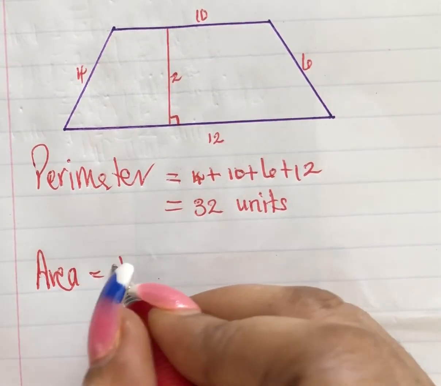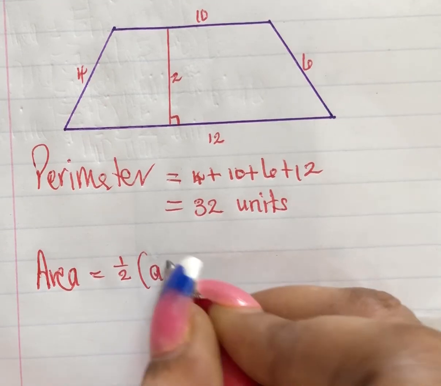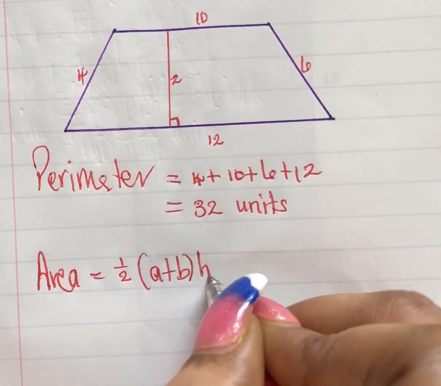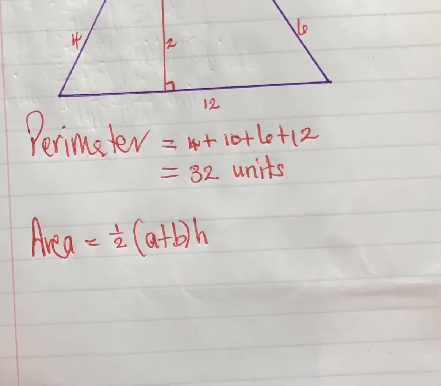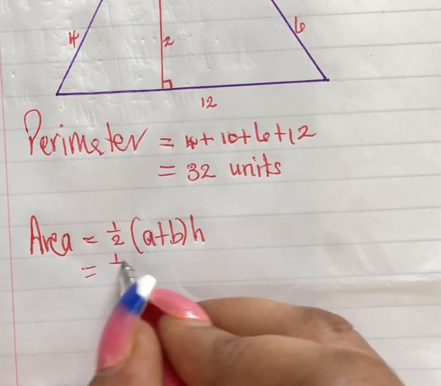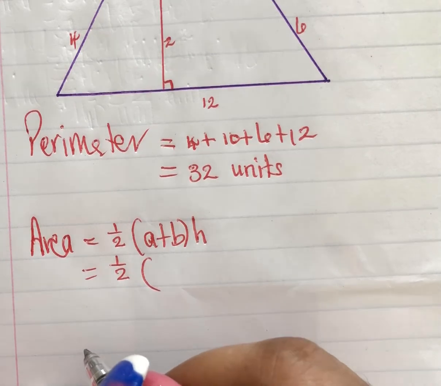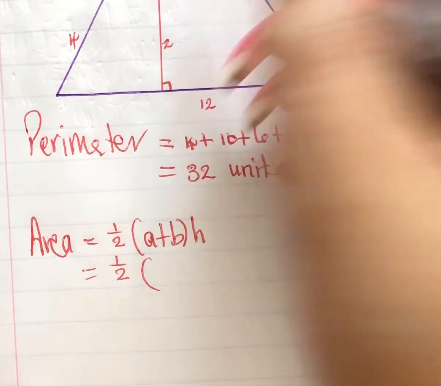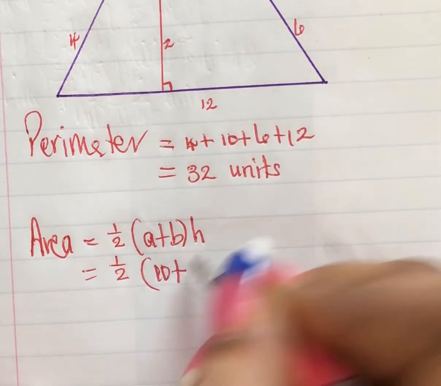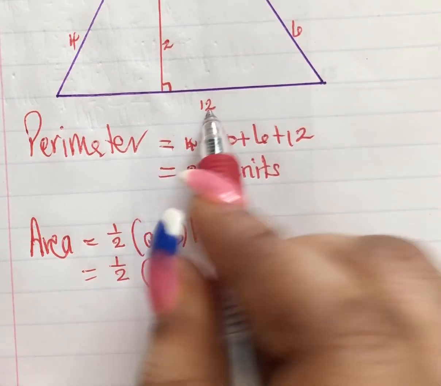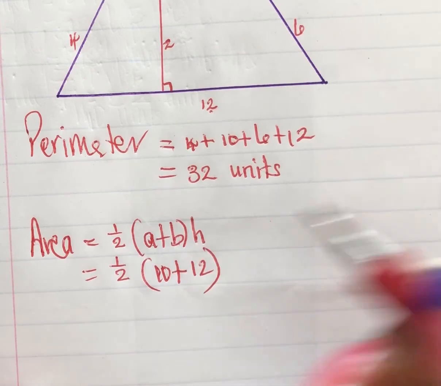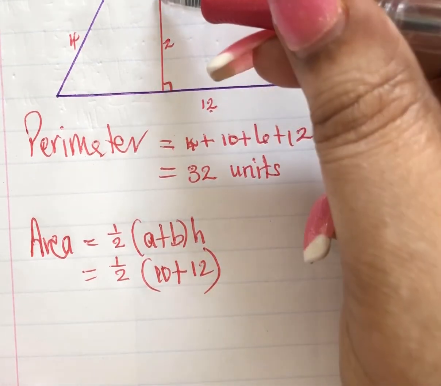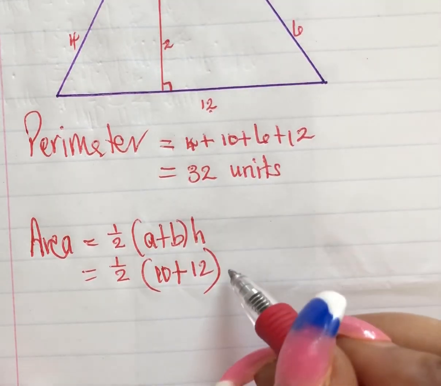And the area is formed by half a plus b multiplied by h. So let us substitute. A is 10. B is 12. H, that's my height, is 2.